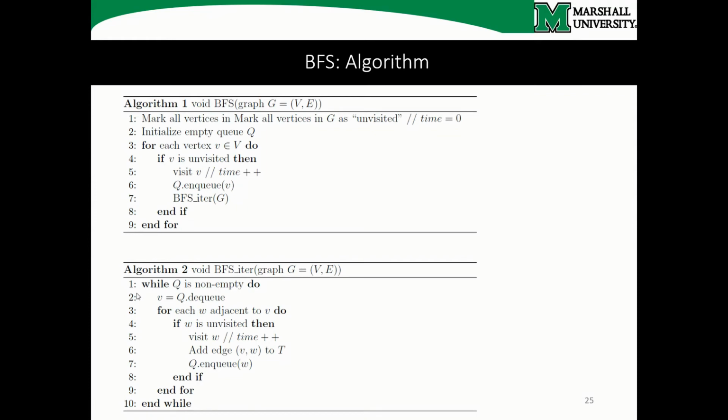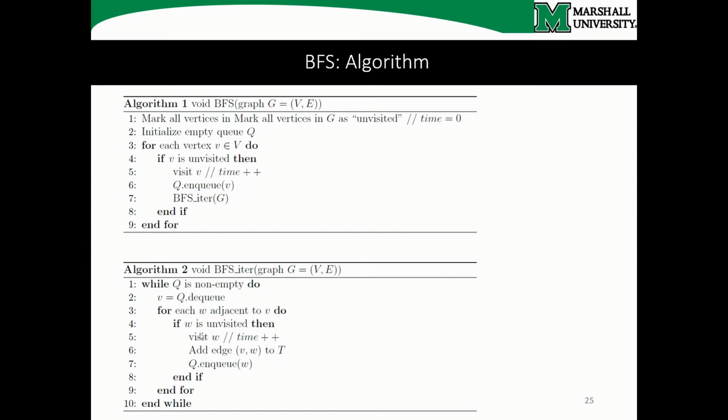In the next step, while the queue is not empty, we dequeue a vertex from the queue and then look for all the adjacent or neighbors to that vertex. So for each neighbor W of the vertex V, we will see whether the W is unvisited or not.